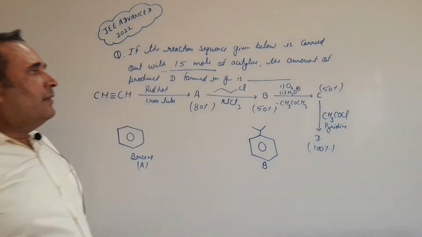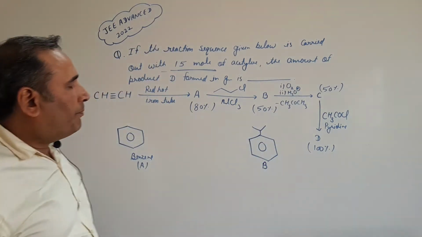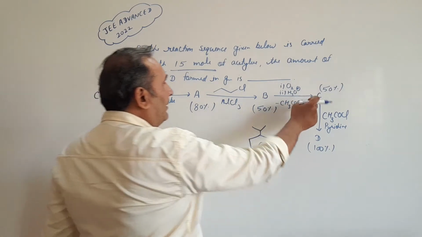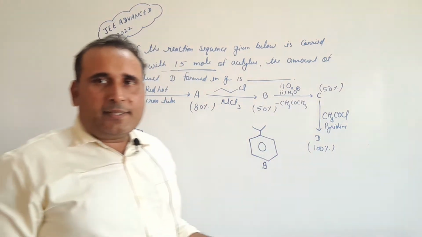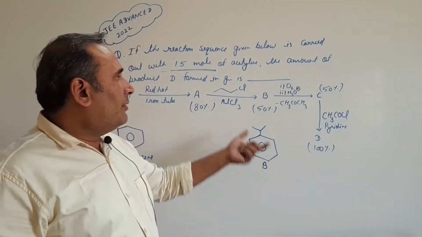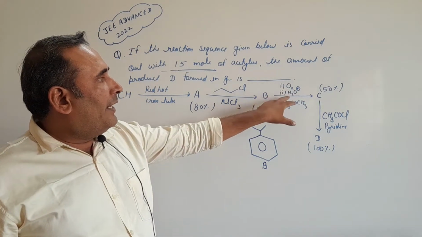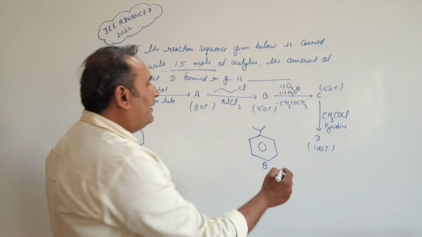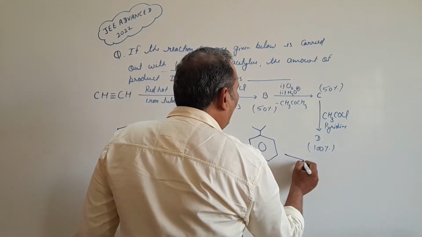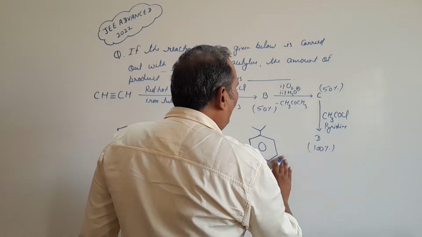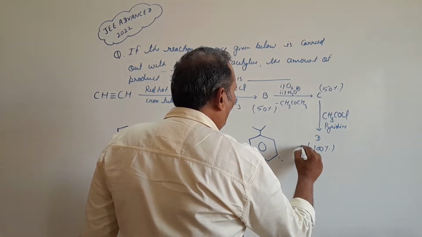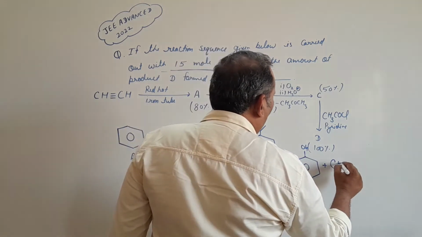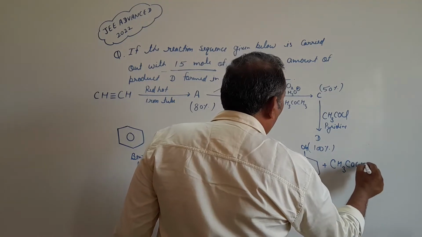Now let's see what product C is. When we react cumene with oxygen, it gets converted into cumene hydroperoxide, and after hydrolysis it gets converted into phenol and CH3COCH3.